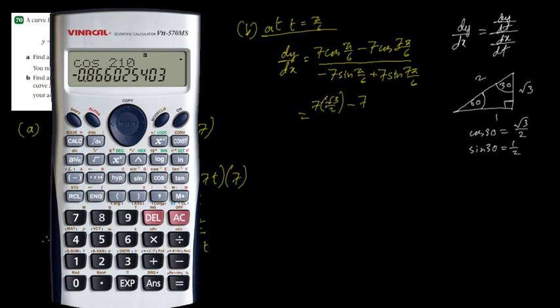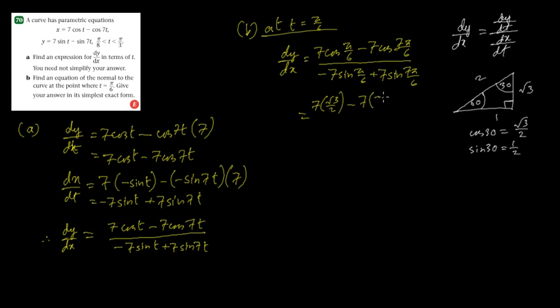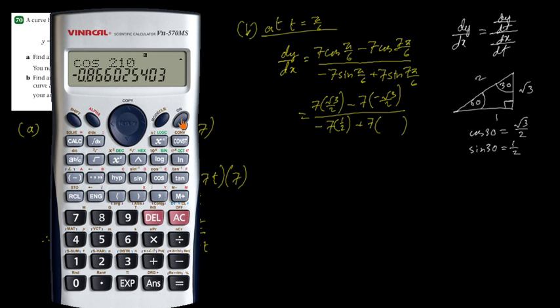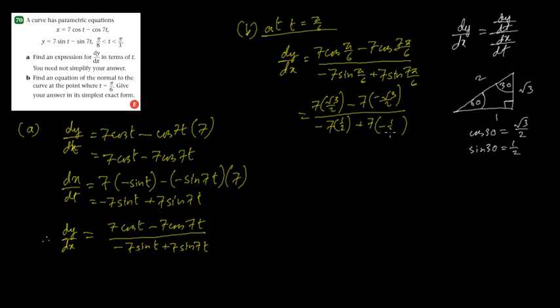So minus 0.866 means minus square root 3 by 2, divided by minus 7 sine pi by 6, which means sine 30 degrees, which is half. This calculation is a bit lengthy, plus 7. Now sine 7 pi by 6 meaning sine 210 degrees is going to be minus 0.5, meaning minus half.